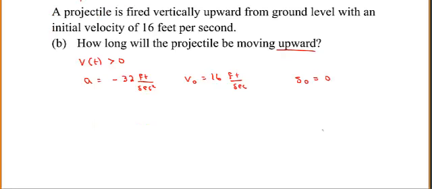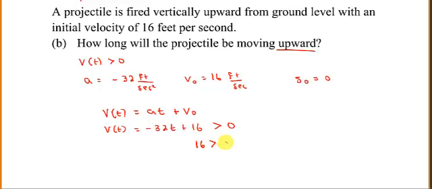Now if you remember, under constant acceleration, v of t is going to be at plus v naught. So v of t is going to be negative 32t plus 16. And we want to see, it will be moving upward as long as this is positive, or as long as this is greater than 0. Well, if negative 32t plus 16 is greater than 0, then 16 is greater than 32t.